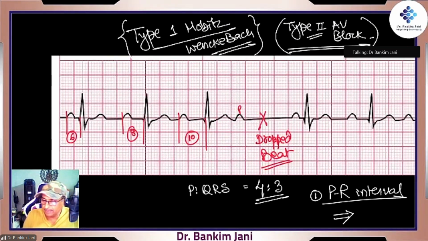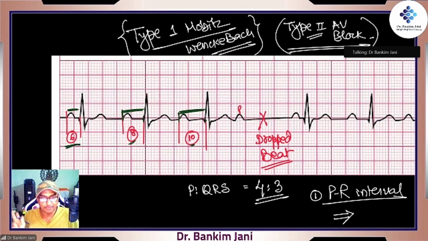So when PR interval is increasing, here it is, the first PR interval, there are 6 small squares. In this, from here to here, there are 8 small squares. From here to here, there are 10 small squares. See, even if you just watch it like this, this distance, this distance, this distance, visually it is increasing, right?